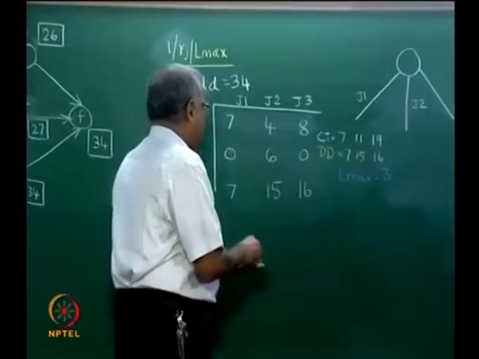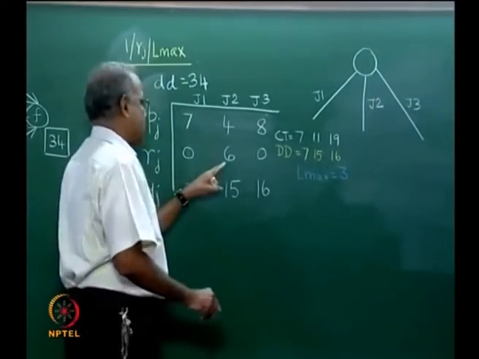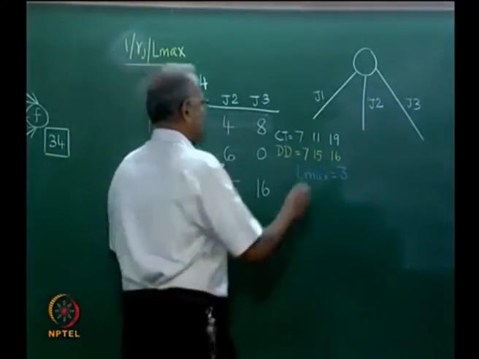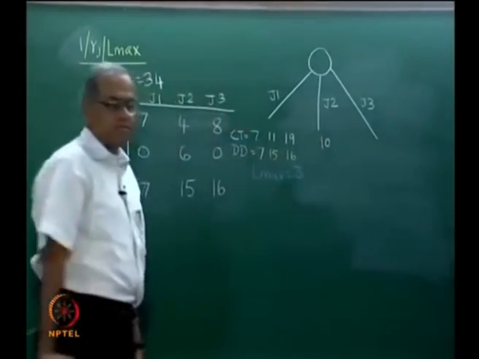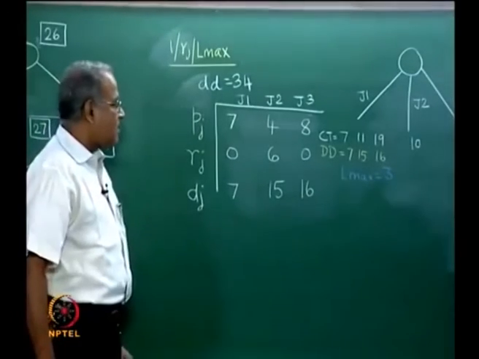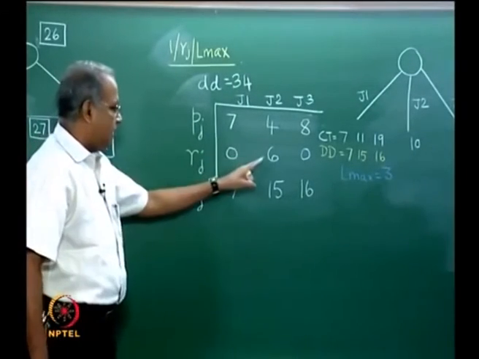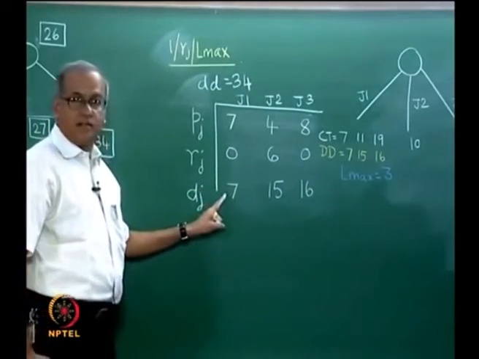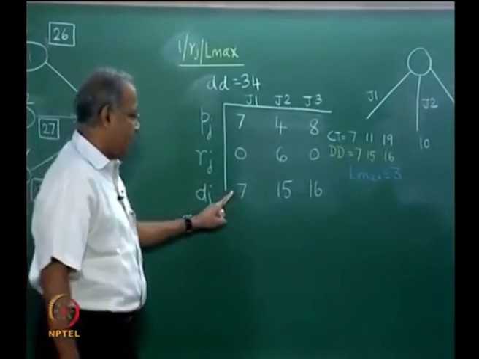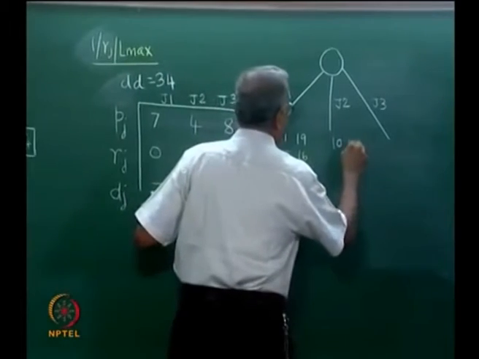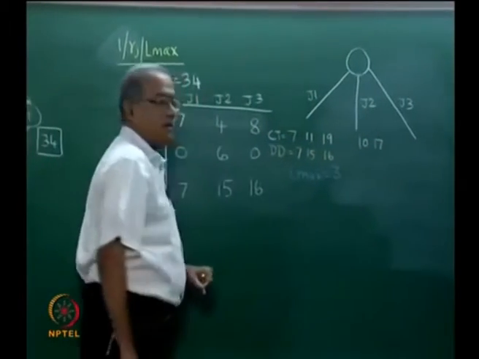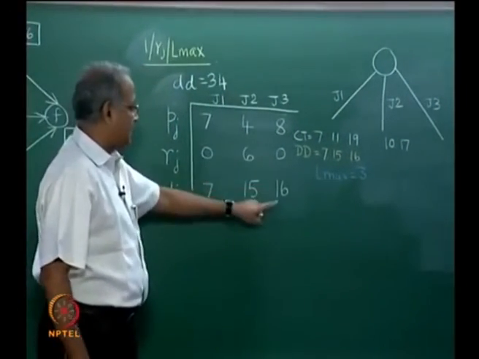Now, with J2 as the first job in the sequence, J2 starts at 6, completion time is 10. Now, going by the preemptive due date, J1 comes next. So J1 starts at 10 and finishes at 17, by which time J3 is available.